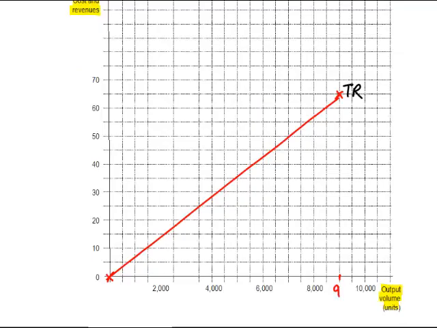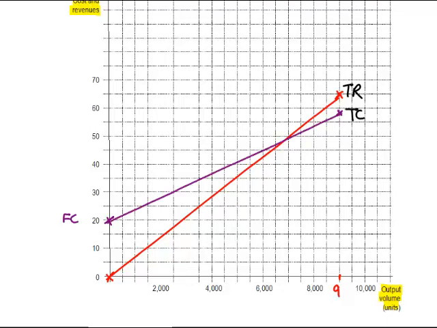Now this time our line is not going to start from 0, and the reason for that is because of the fixed costs. The fixed costs are going to be incurred even if we don't sell any units. So we're actually going to have our line starting from $20,000. And at 9,000 units, it's going to be 59, which is about there. So we can draw that line on and label that total cost.